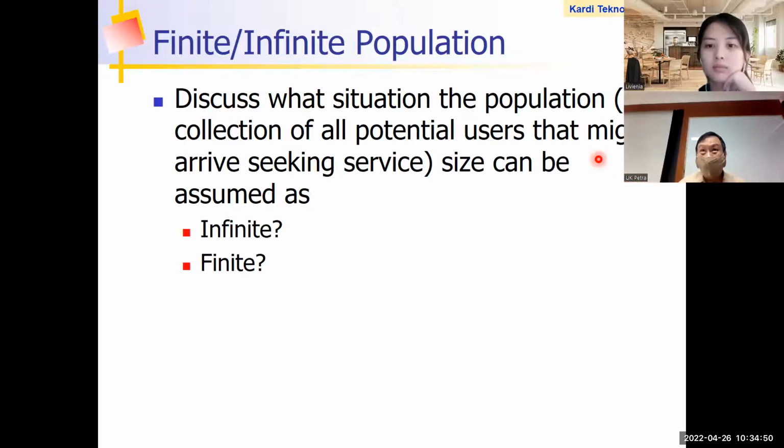In that case, the number of population is finite. So that is a totally different queuing system. If we don't say that the customer is finite, then you need to assume they are infinite.